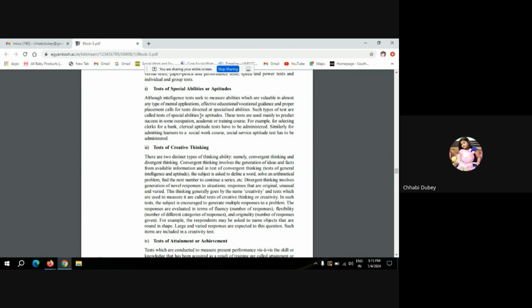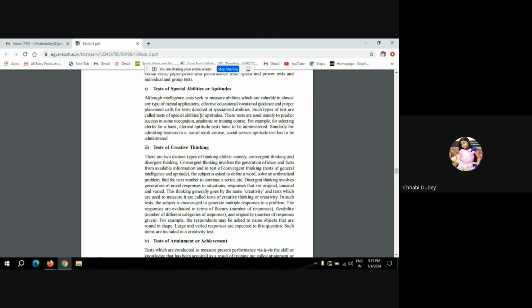Then there are also tests for creative thinking. Basically, in creative thinking we have two distinct types of thinking ability, namely convergent thinking and divergent thinking. Convergent thinking is basically the generation of ideas and facts from the available information.